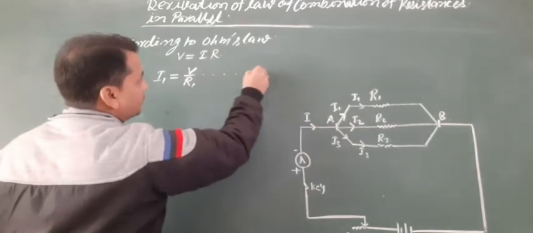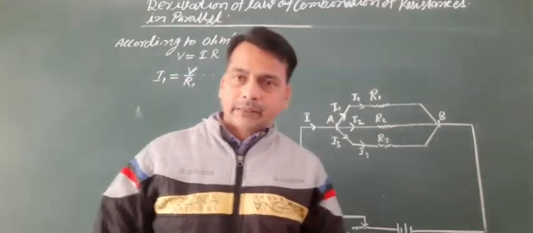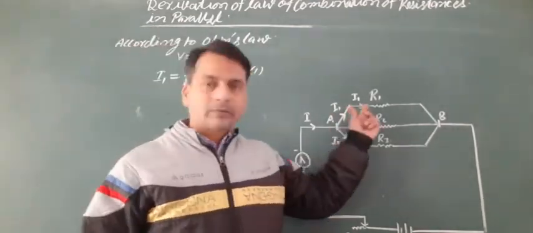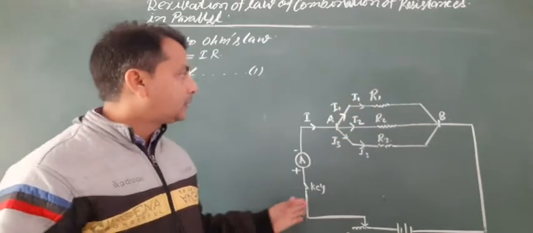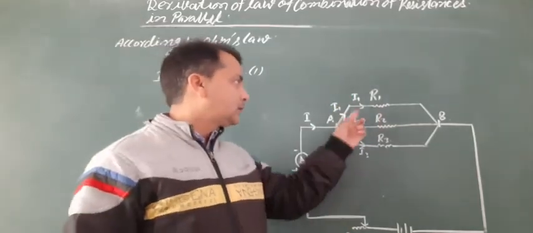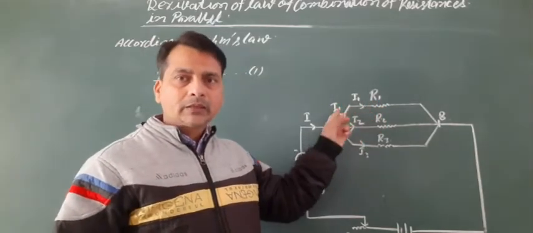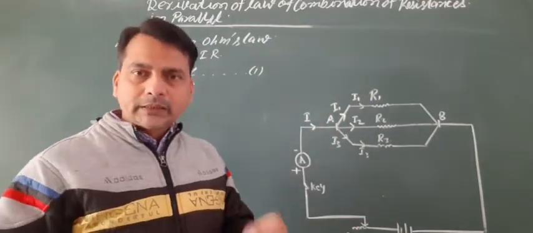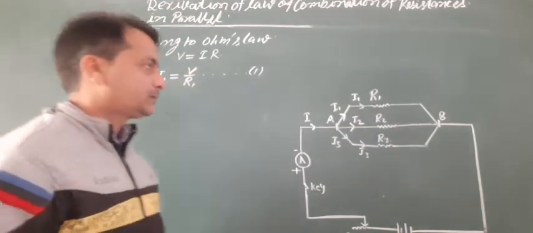That is the first equation. So dear student, it is clear that the net current is divided into I1, I2 and I3. Here the current passing through the resistor R1 is I1 equal to potential difference divided by resistor R1, then I1 equal to V by R1.